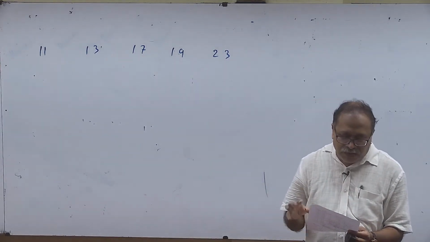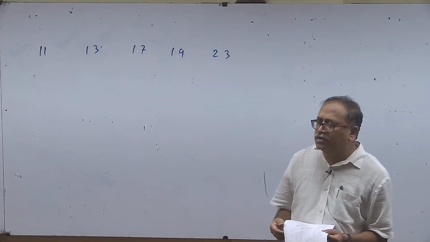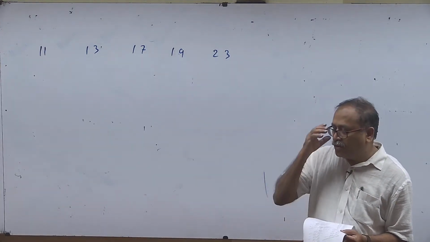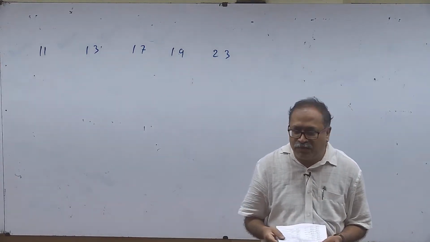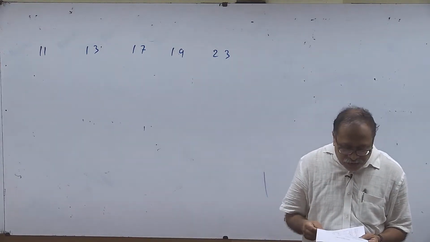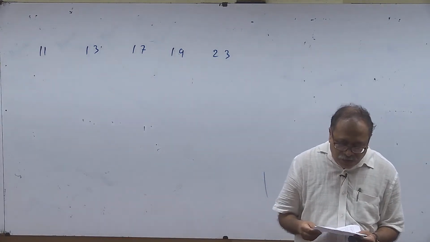So like that you are expected to know the prime numbers and then increase it up to 200. Beyond that we have a method to identify whether the given number is a prime number or not. Okay, anyhow, let's move on. We are on question number 4.